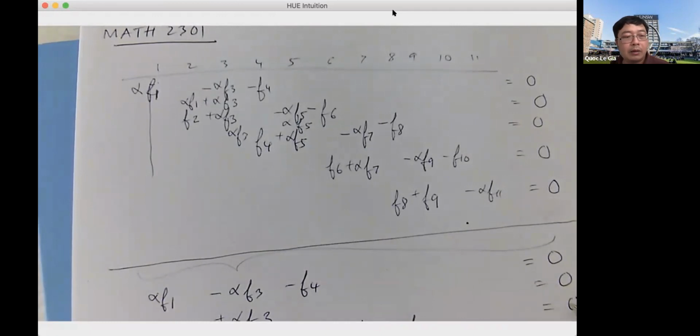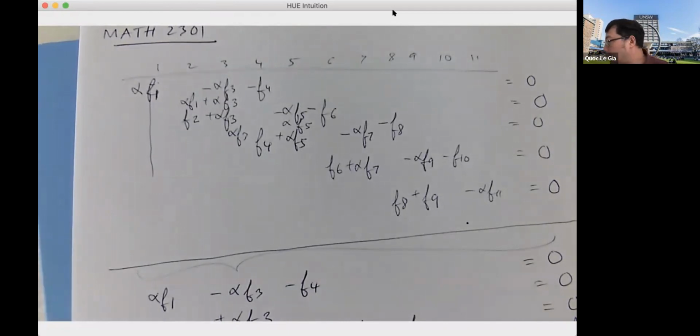Alpha F3 plus alpha F5 equals L. So this one is not 0, but equals L. F4 plus alpha F5 minus alpha F7 minus F8 equals 0.